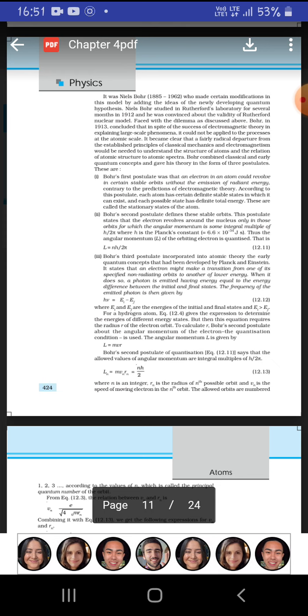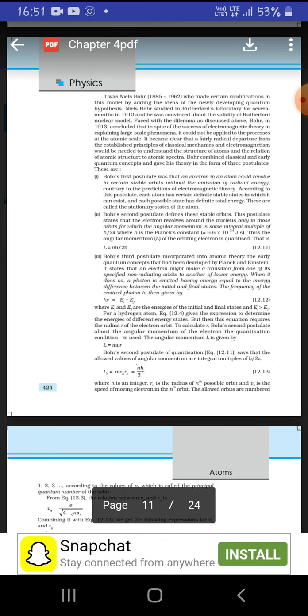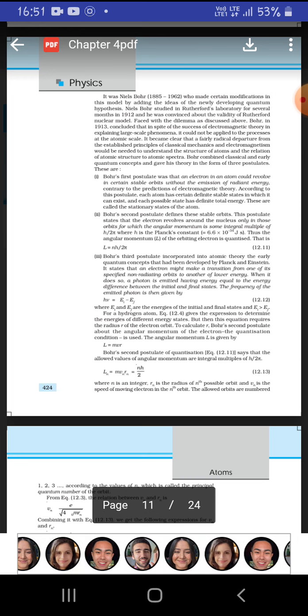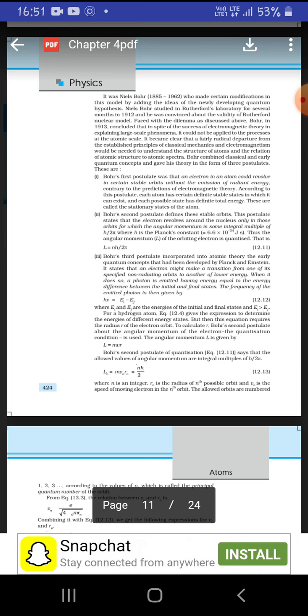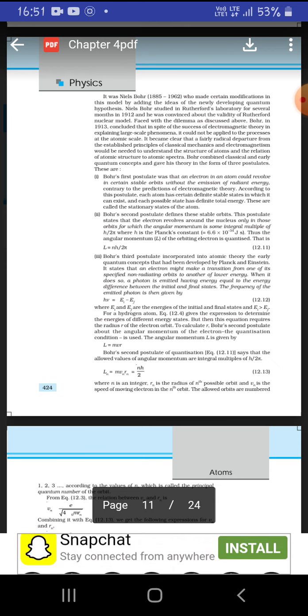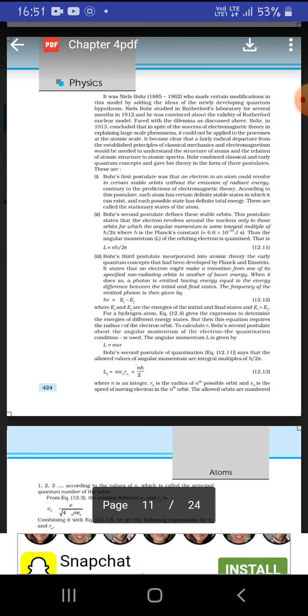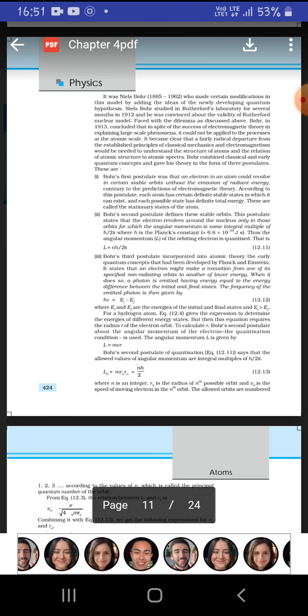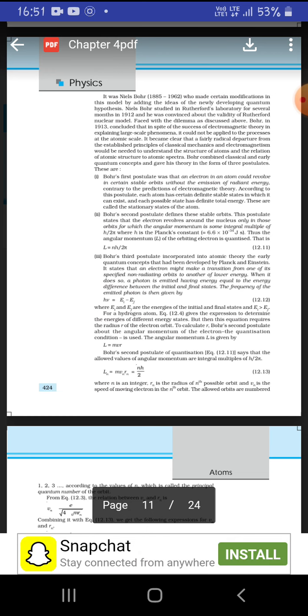It states that an electron might make a transition from one of its special non-radiant orbits to another orbit that has lower energy. When it does so, a photon is emitted having energy equal to the difference between the initial and final states. So he gave the formula hv is equal to E1 minus E2.